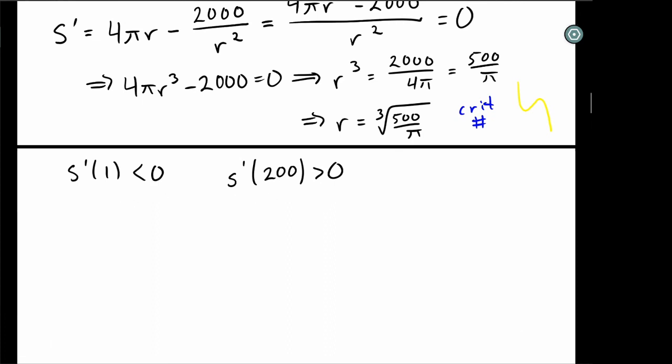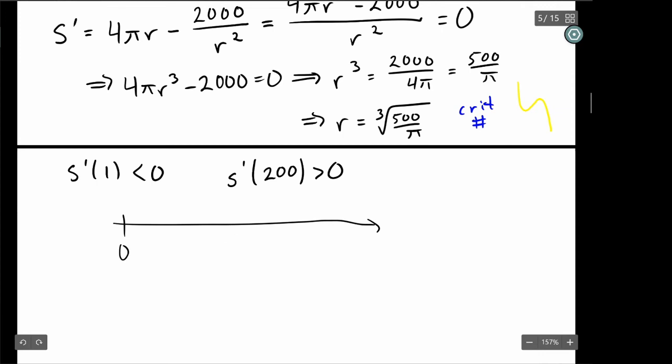Here's r equals 0. We don't care about that one. Here's the cube root of 500 over pi. We know that s prime is 0 here, it's negative over here and positive over here.